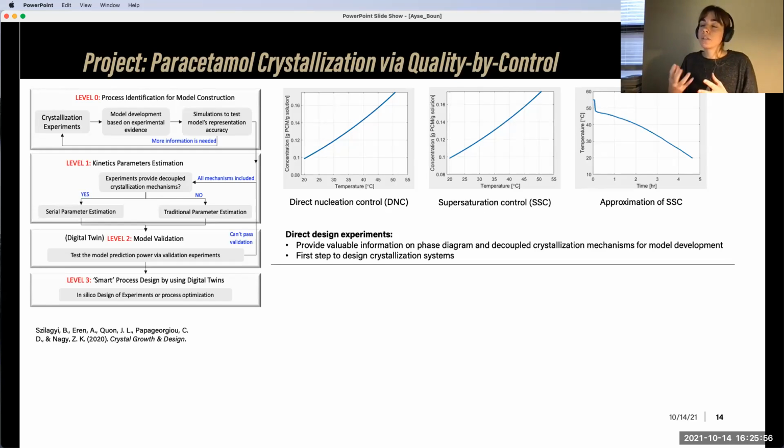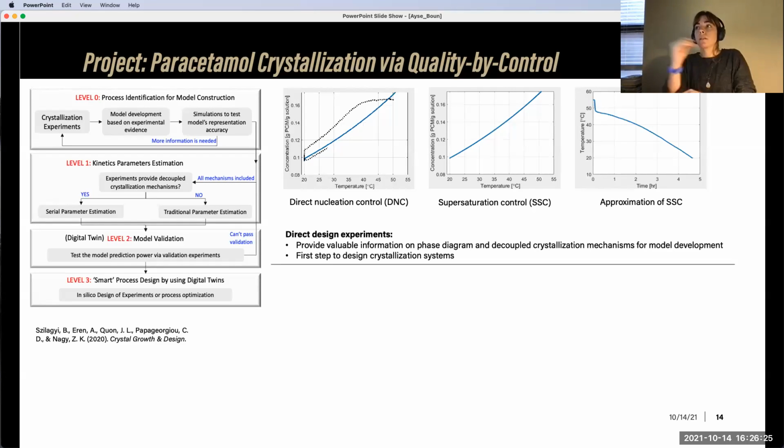And these experiments are very important for us because they help us decouple the crystallization mechanisms to estimate the parameters more accurately, basically. So in the direct nucleation control, we use the beam FBRM tool to basically reach a set point for crystal count by implementing some temperature cycles, heating and cooling.